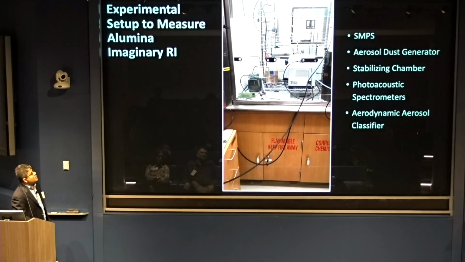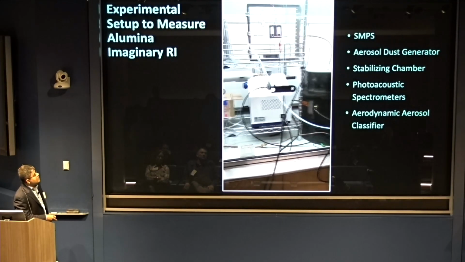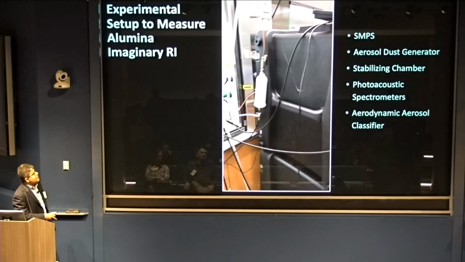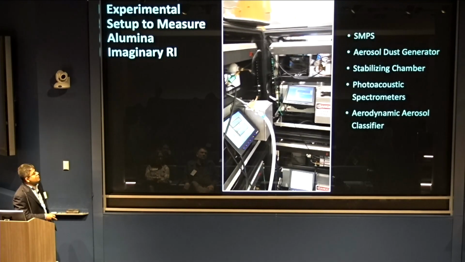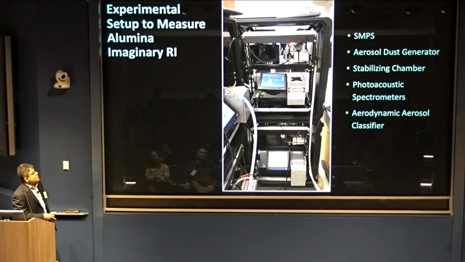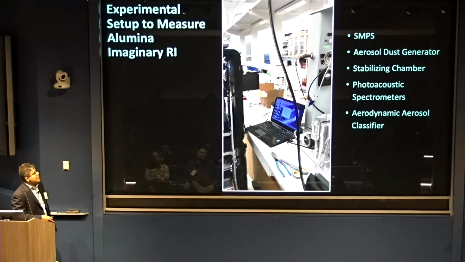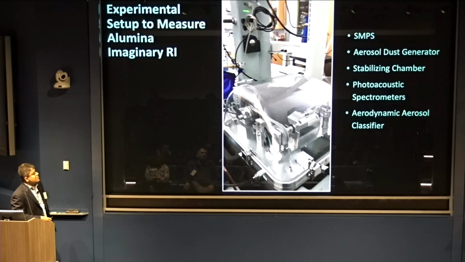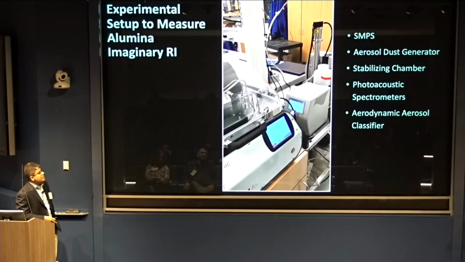You can see the experiment. This is a dust shaker. You can see it generating different size particles depending on the frequency of shaking. And these are the photoacoustic spectrometers running simultaneously, all of them, measuring the absorption and scattering cross sections at 1 second resolution, and the sizers simultaneously measuring the size of the particles being generated.